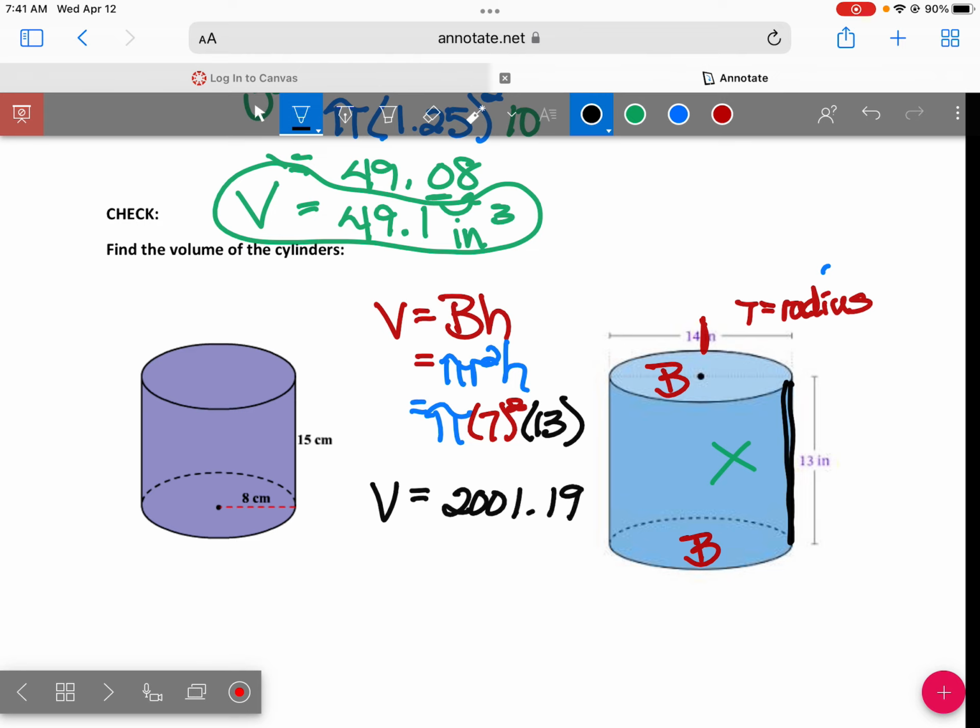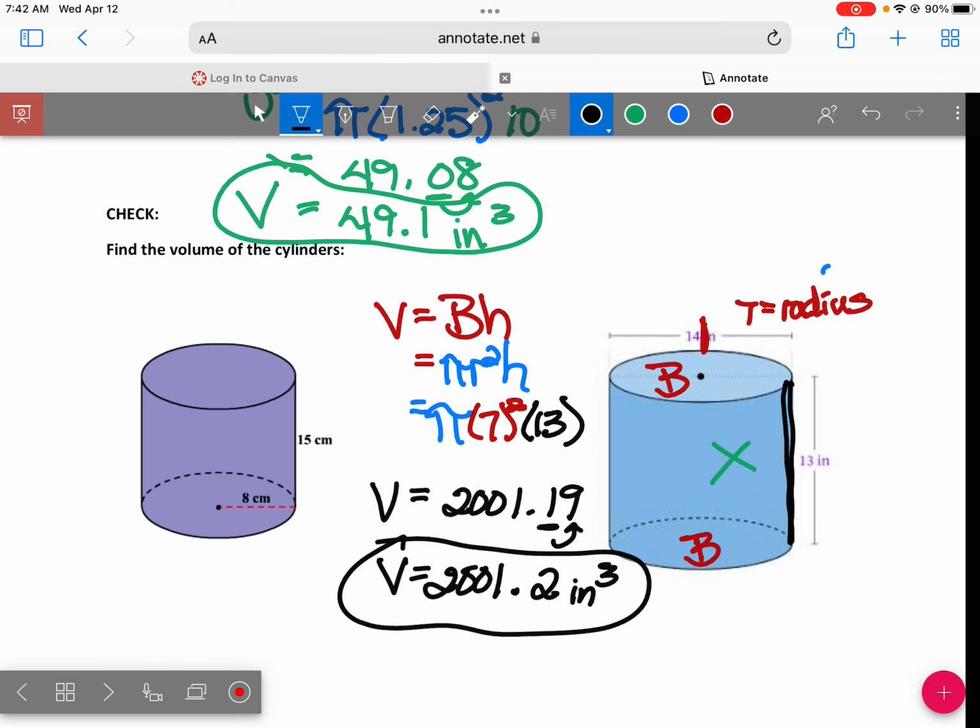That is correct. Let's take it to the tenths place again. The 1 is in the tenths place. I look next door. I see it is 9. That's over 5, so I have to go up. So volume is 2001.2 inches cubed.